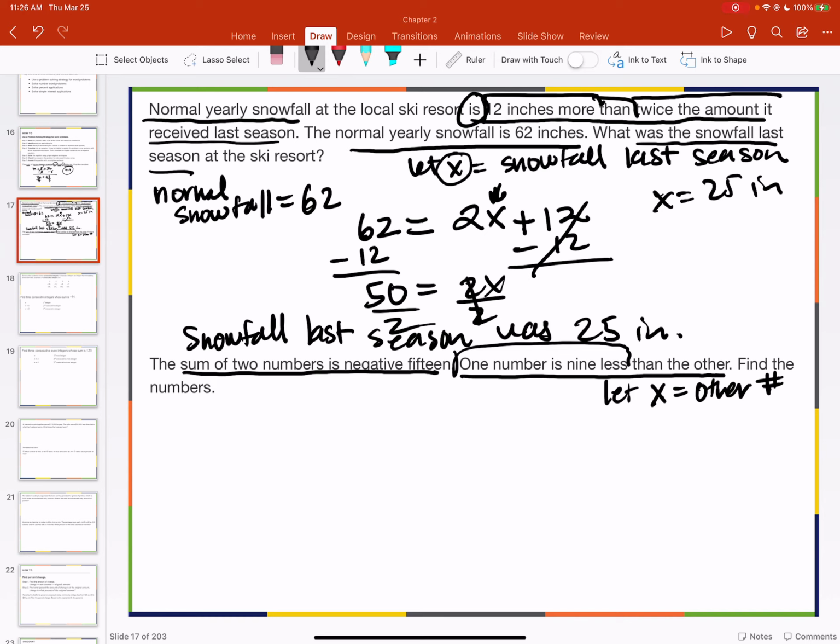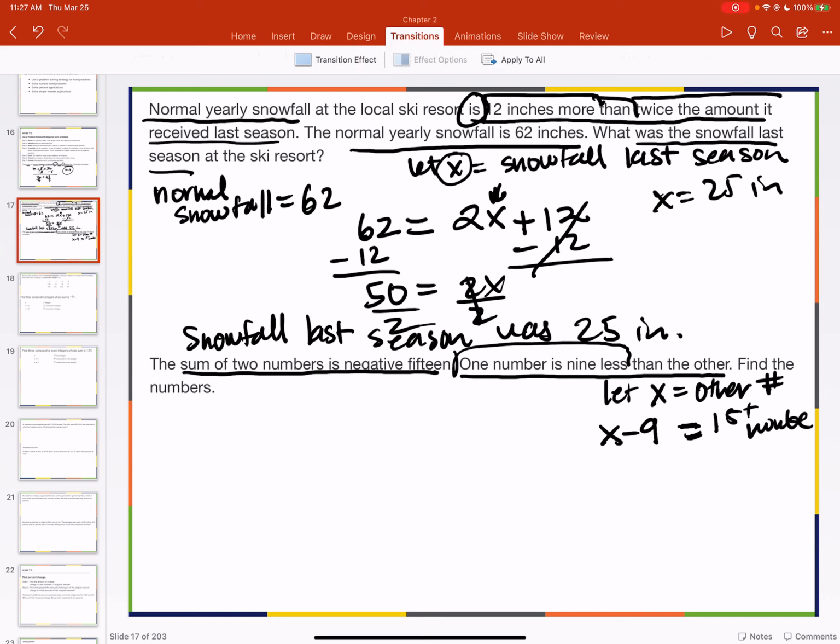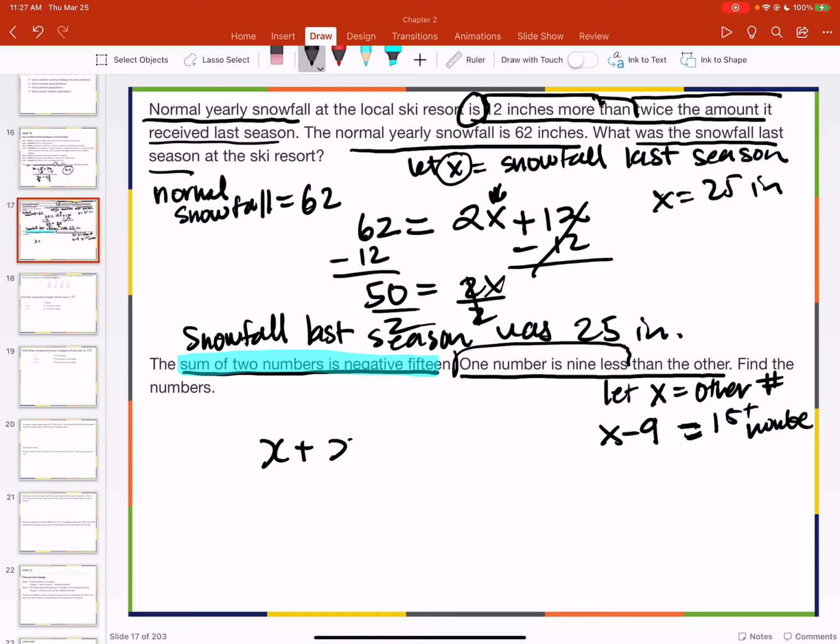So the first number is 9 less than the other, okay? And x can be the other. Now the sum of these two, the sum is negative 15. So that means that x plus x minus 9 is equal to negative 15.